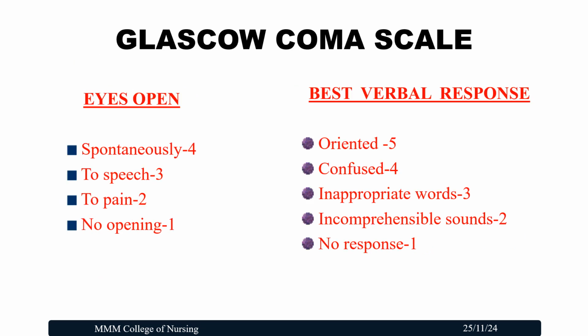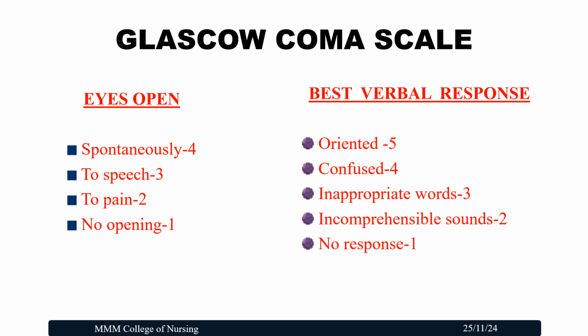Glasgow Coma Scale. The Glasgow Coma Scale provides a more objective way to assess the patient's loss of consciousness. It evaluates the best eye response, best motor response, and best verbal response on a scale of 3 to 15. The highest score, 15, indicates that the patient is awake, alert, oriented, and able to follow simple commands.